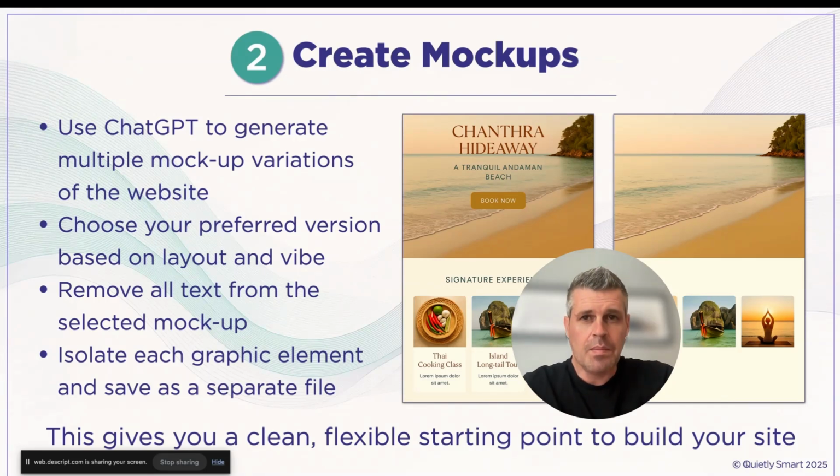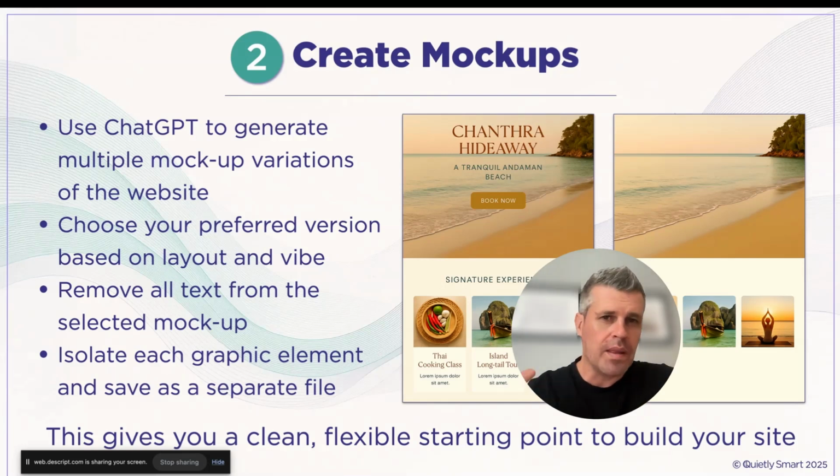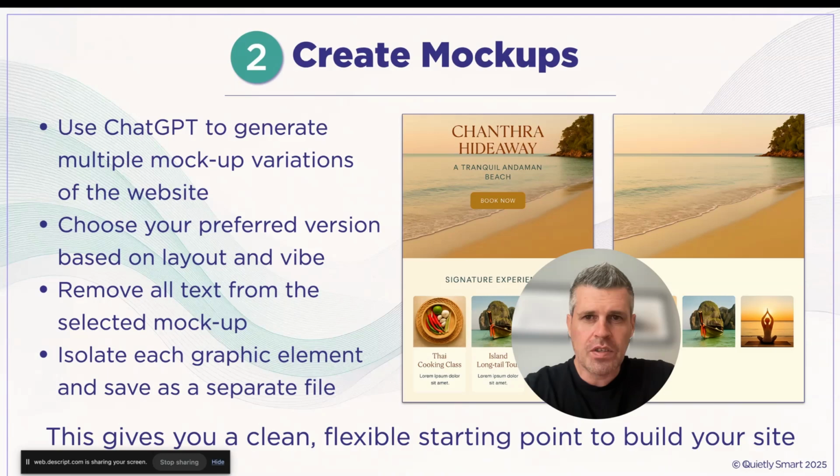We'll generate an image of what the app will look like using ChatGPT and maybe play around with a few different ideas. We'll do some research on how it should look. And then we will take away the text from the image so that doesn't confuse Lovable when we try it.